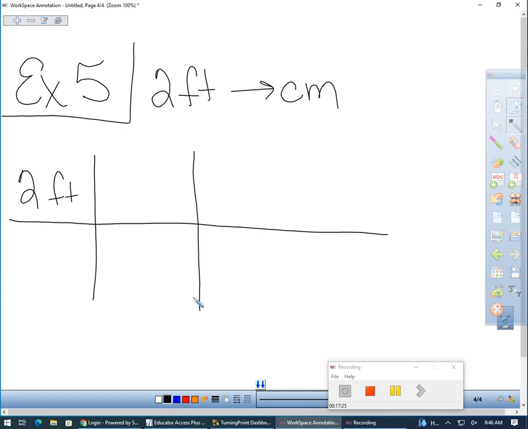When you look in there, you will notice there is a conversion from centimeters to inches. There's a conversion from feet to meters, but there's nothing that goes straight from feet to centimeters.